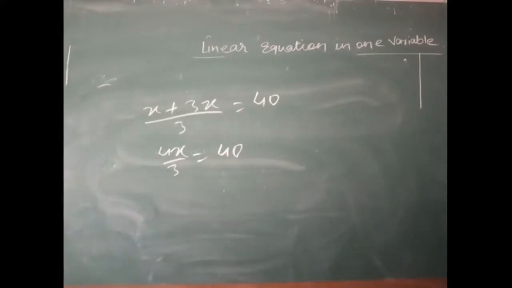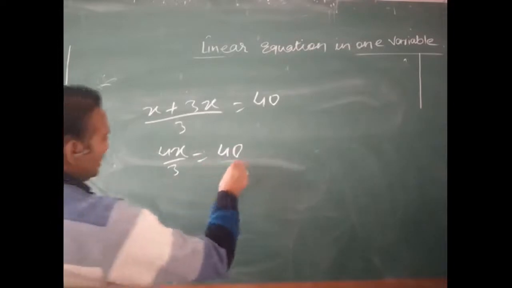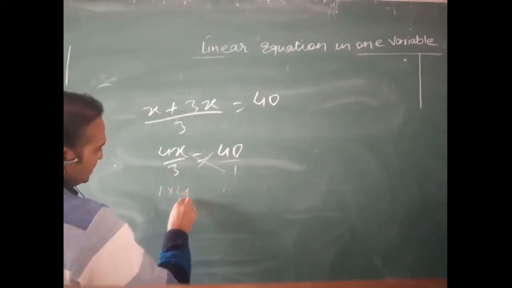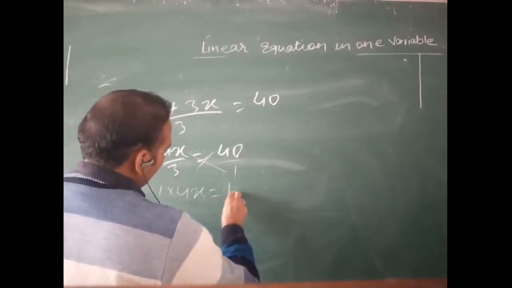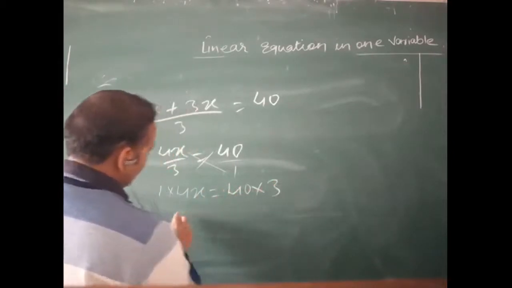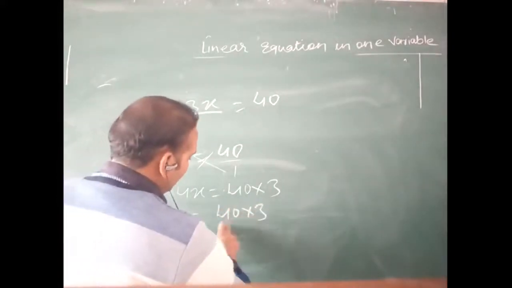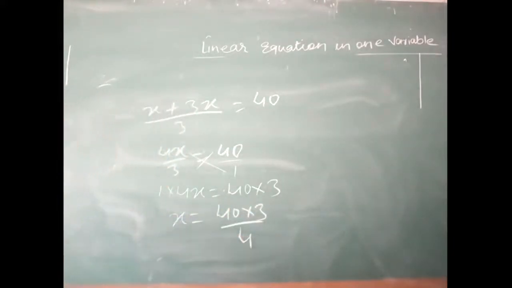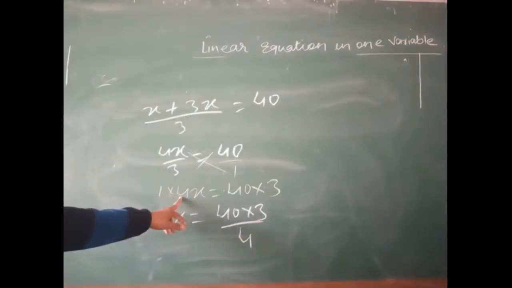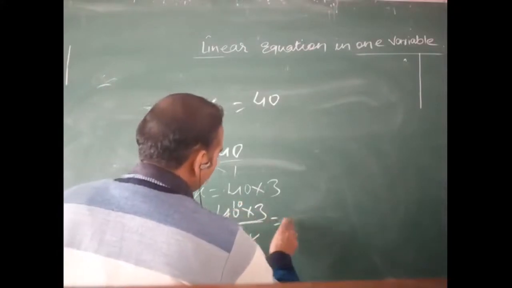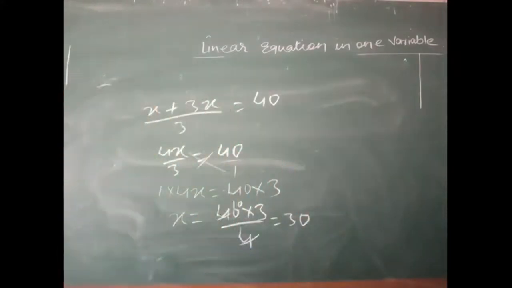Then after cross multiplication, 1 into 4x is equal to 40 into 3. x equal to 40 into 3 by 4. Side change, sign change. x is in multiplication. When it changes its side, it will come in division. Four tens are 40, that is x equal to 30.